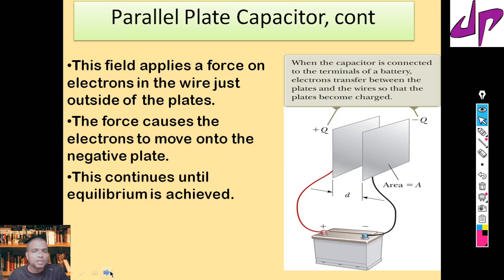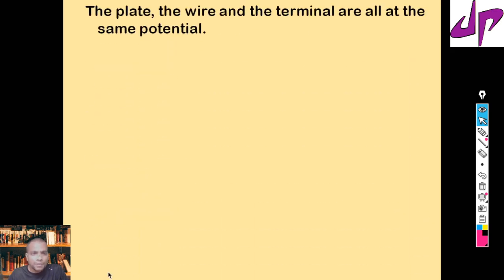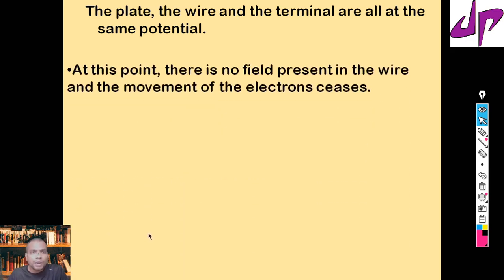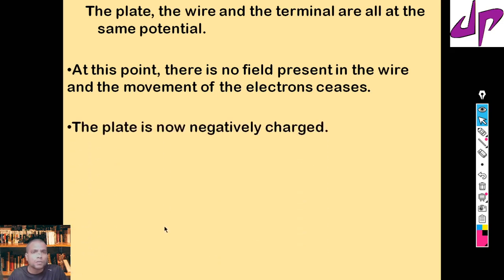It means the potential remains constant throughout the circuit, and after that the plate, the wire and the terminals are all at the same potential. If they are at the same potential, there is no movement of the electrons, because there is no potential difference. If there is no potential difference, electrons cannot move.